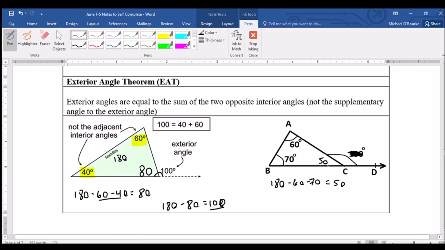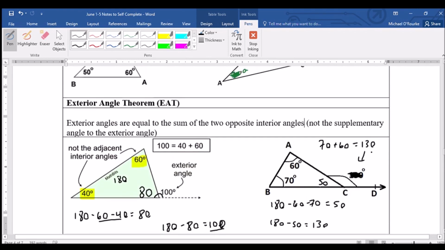Now that's a straight line, and you go 180 minus 50 equals 130, right? So that's a two-step solution. If I wanted to do this in one step, I'd say, okay, this here equals these two added up. So I just go 70 plus 60 equals 130. And there, I have it right away.